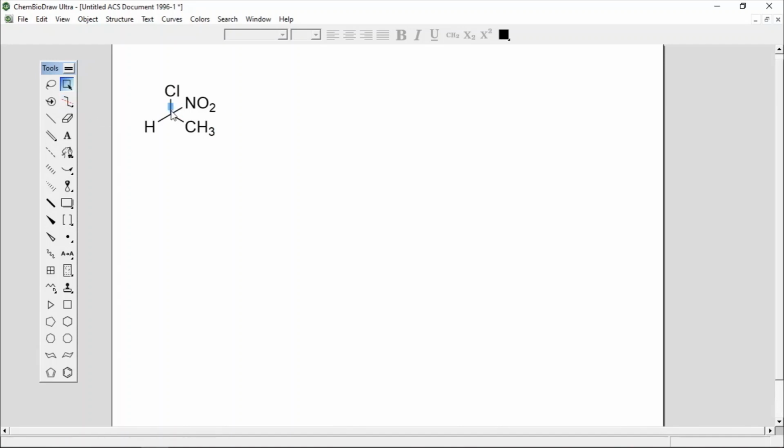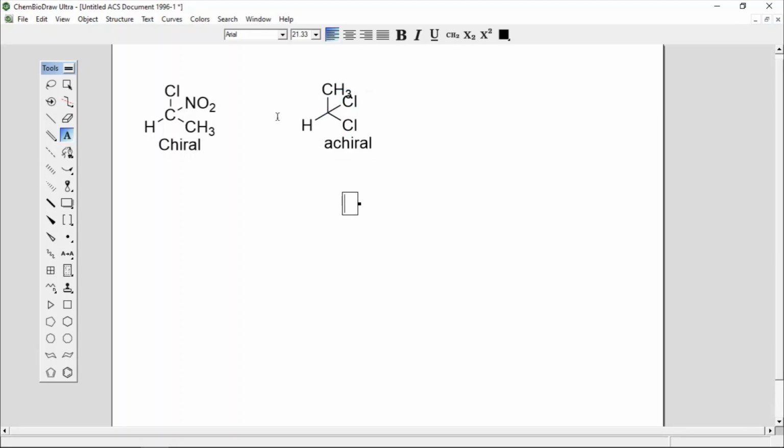It's achiral, because it has two same atoms attached to this carbon.